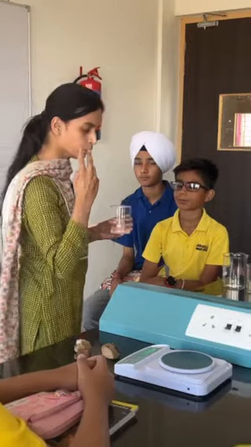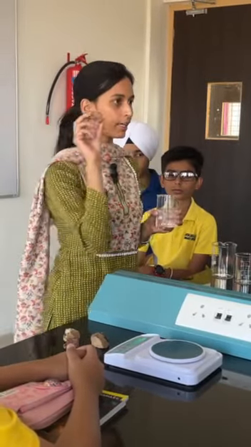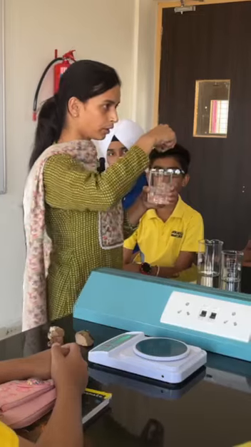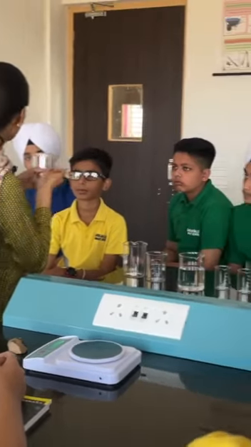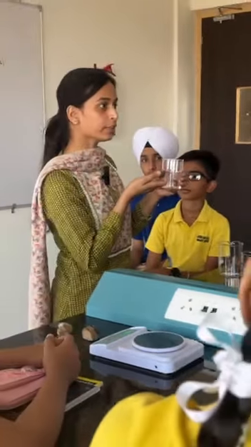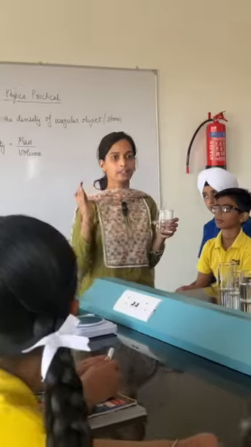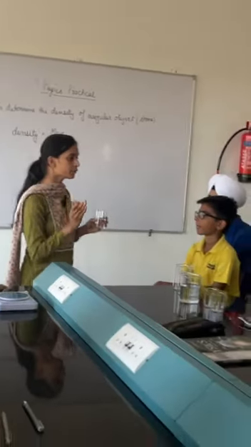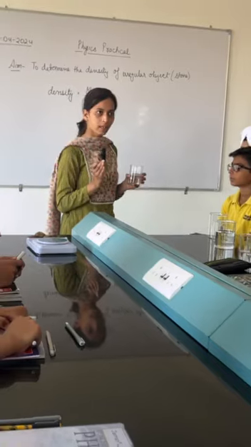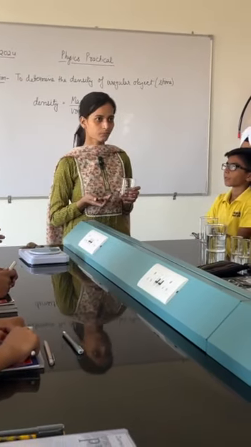Step 2. When you put this irregular shaped object, the stone, into the water, the level of water rises and the volume increases. Again you will note the volume of the water, that is your final volume of water, represented by V2.